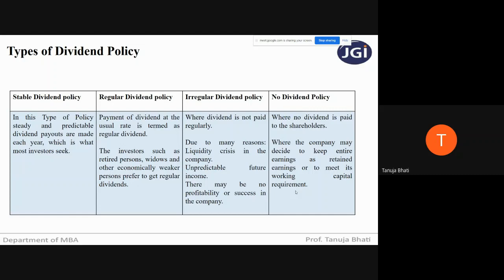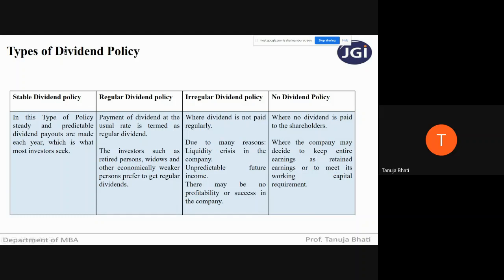Retained earnings is nothing but savings kept aside to meet uncertain obligations in future. So even if the company is making profit, it will not pay dividend to the shareholders and will keep the entire earnings as retained earnings, as savings, or use it for working capital requirement. So these are the different types of dividend policy of the company.